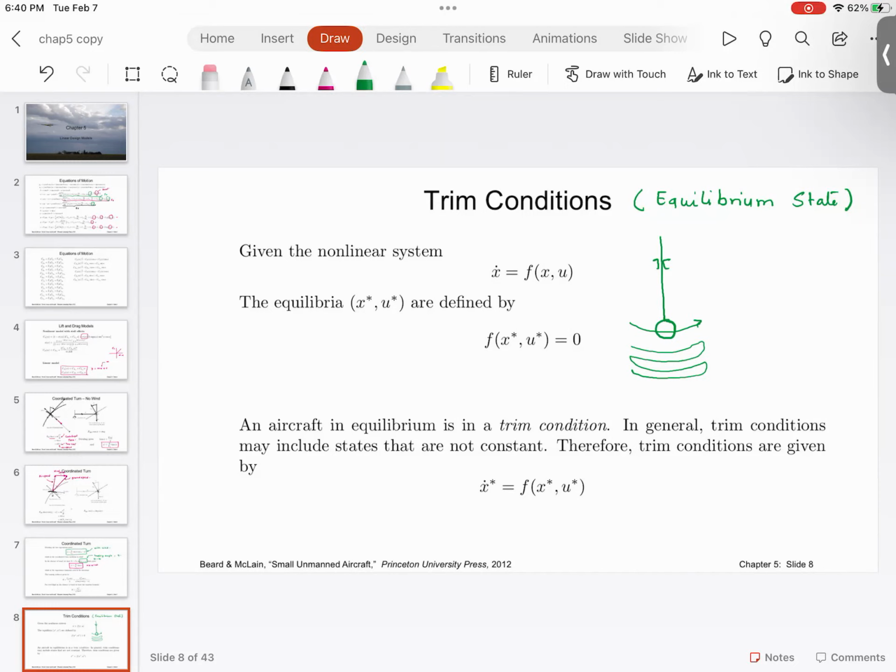So this is called the dynamic equilibrium or trimming. So it's an equilibrium, which means things are steady state, but things are not zero. So trim is also called steady state.